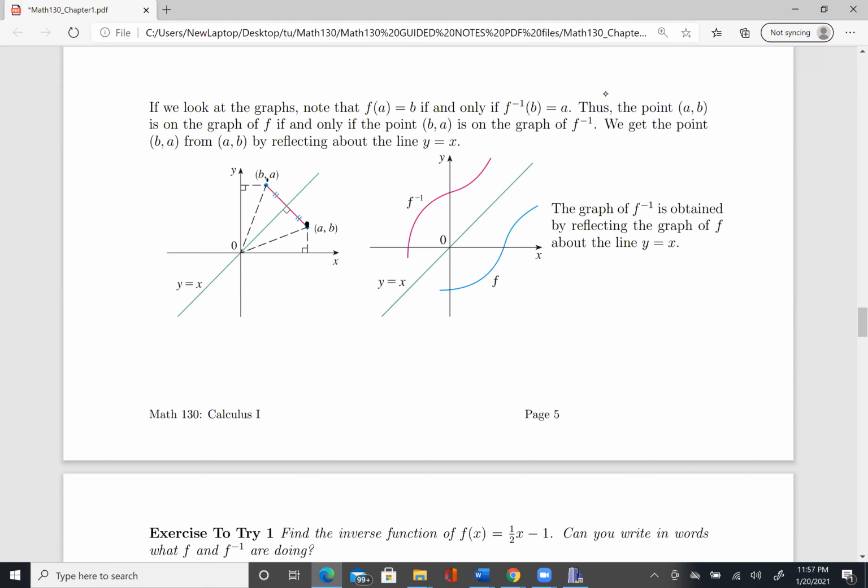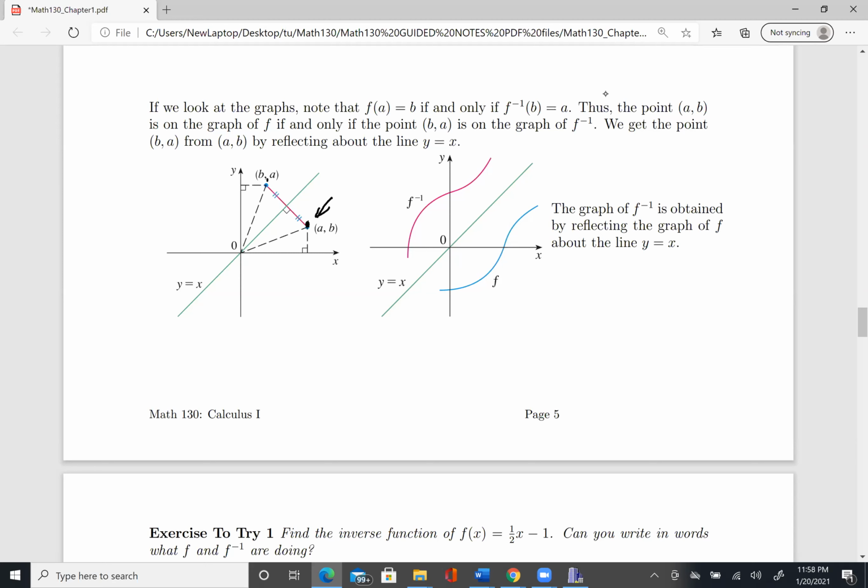Oh, here, right? It is on the graph of f if and only if the point b comma a is on the graph of f inverse. We get the point b comma a from a comma b by reflecting about the line y equal to x.